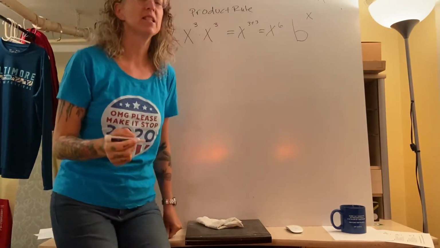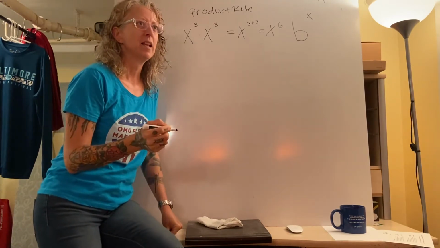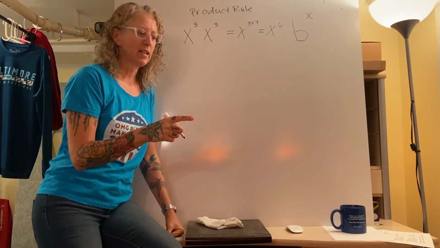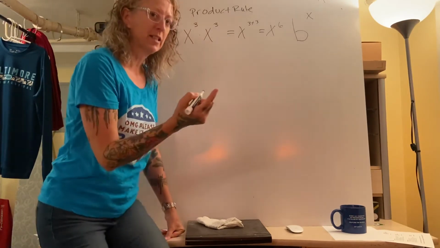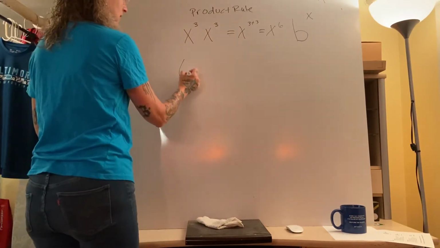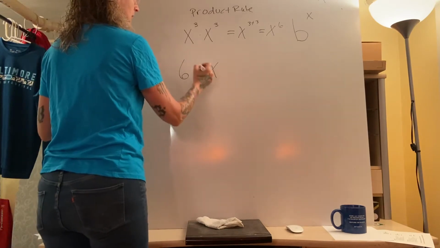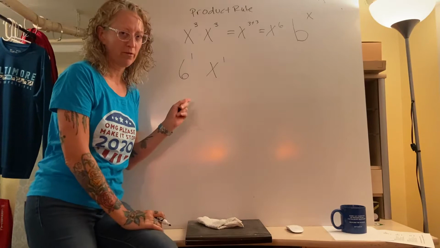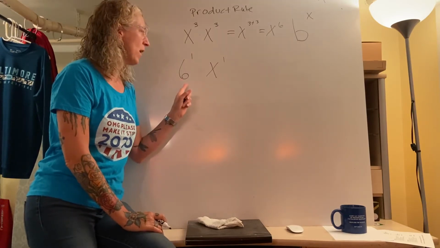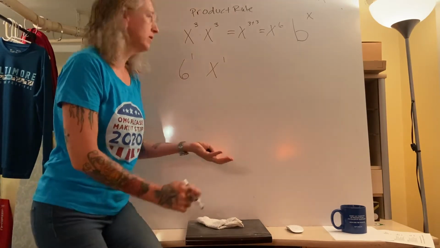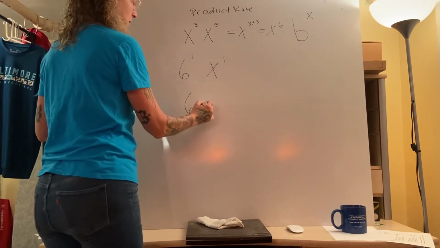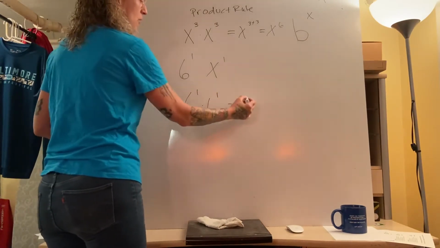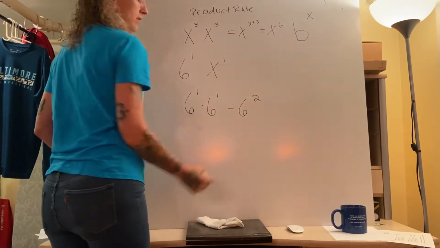And to me, the easiest way to remember that is because every base, whether it's a variable or a constant, right? So every letter and every number has an automatic invisible exponent of 1, okay? So when you square the number, right, it's because you're saying 6 times 6, which is 6 squared.